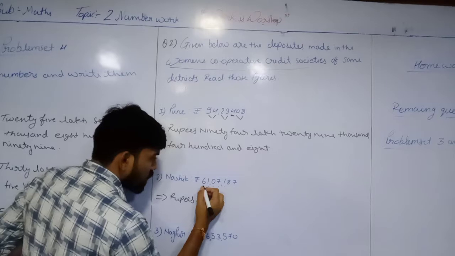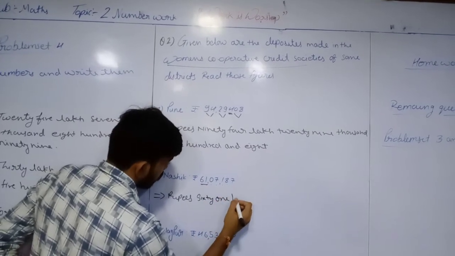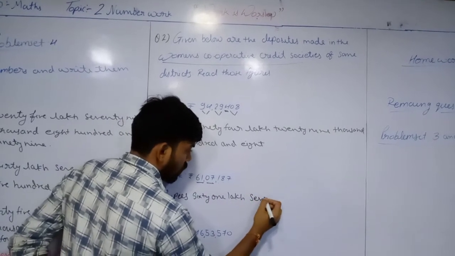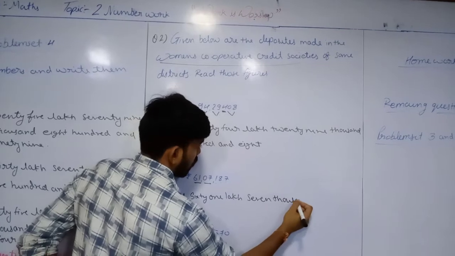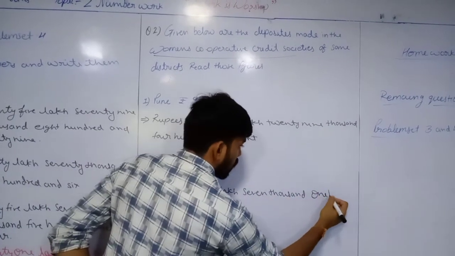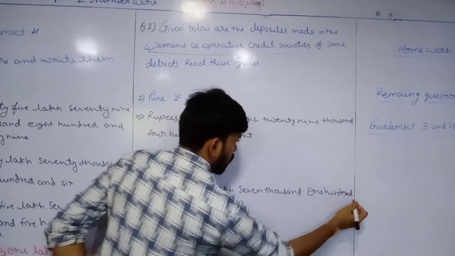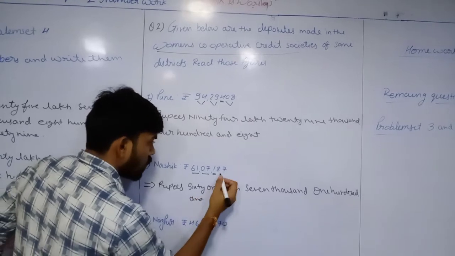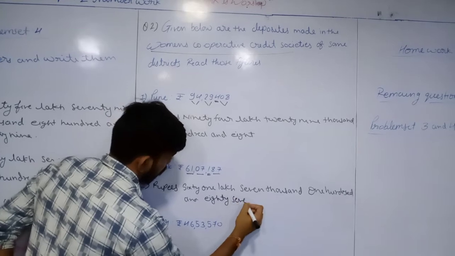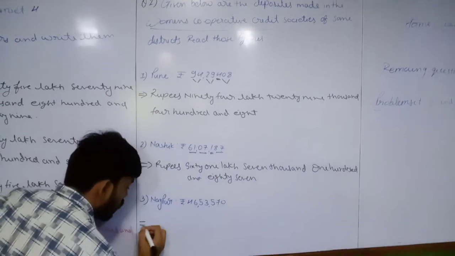The same way: 61 lakh 7,100 and 87. This way we can write. The next one is about Nagpur.